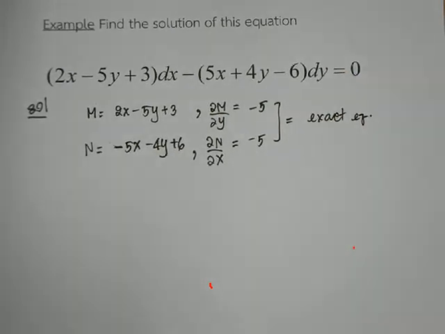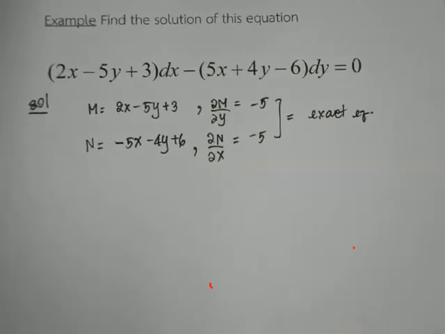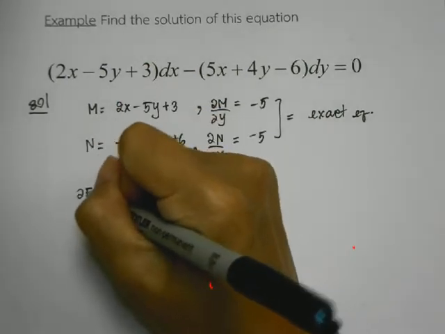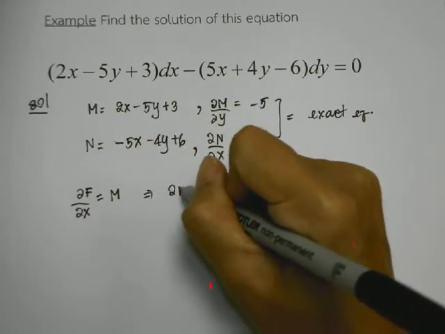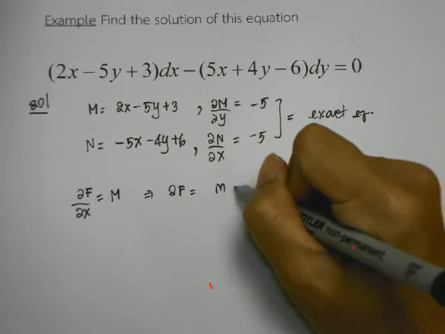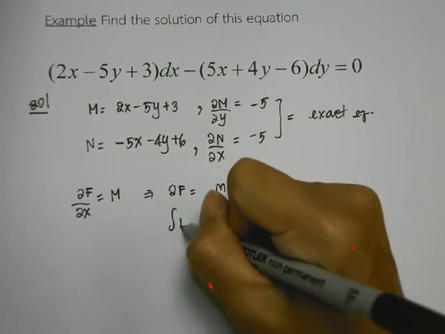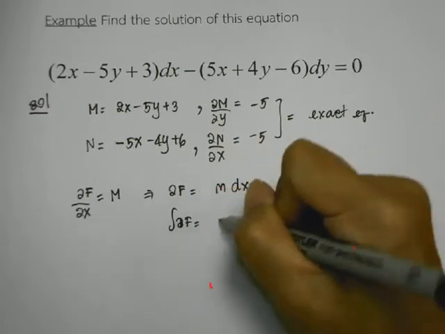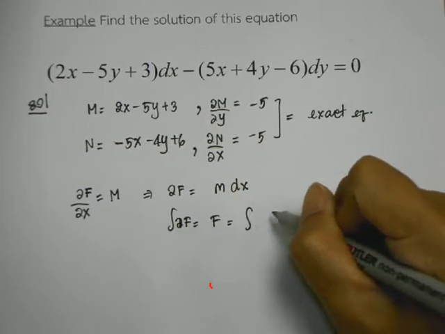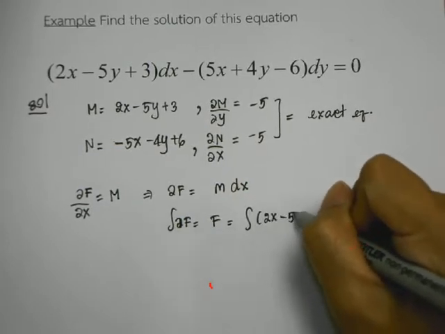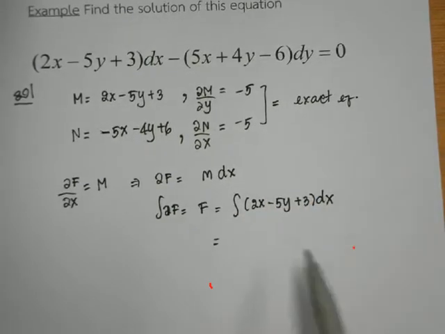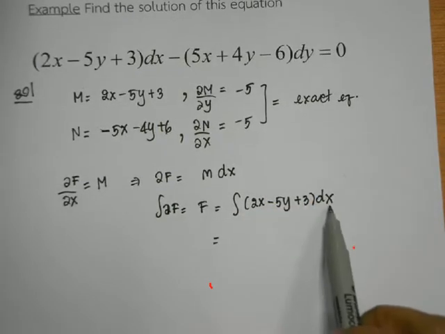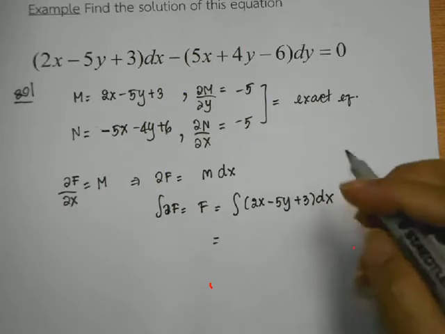Now we got to find the answer for this equation. We can start with M. When you do integral with respect to x, y, you look at it as a constant.